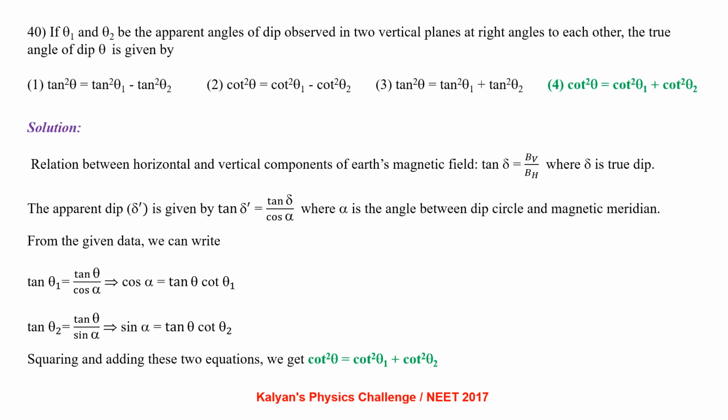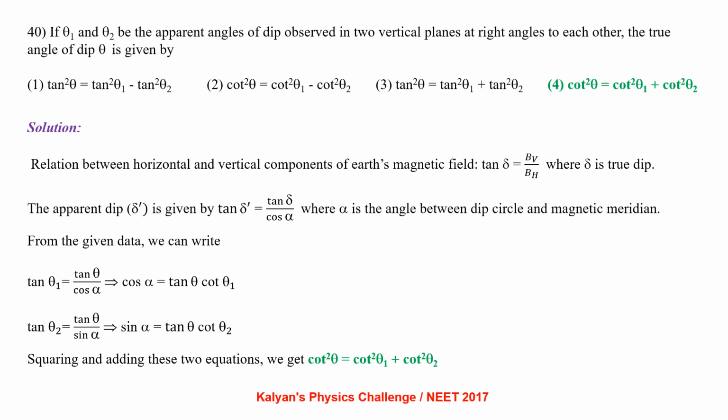Now from the given data, we can see tan theta 1 equal to tan theta by cos alpha. From there we get cos alpha equal to tan theta cot theta 1, and tan theta 2 equal to tan theta by sin alpha, that is, sin alpha equal to tan theta cot theta 2.